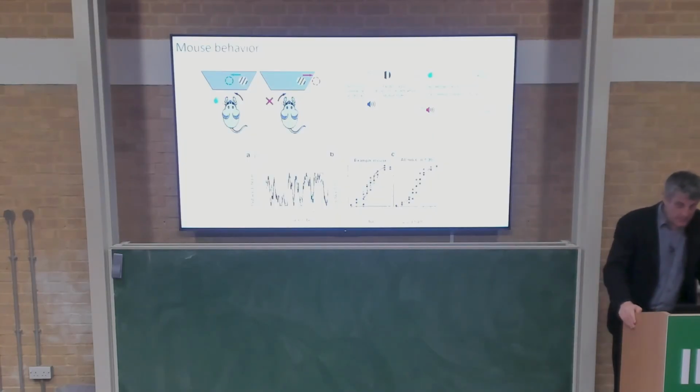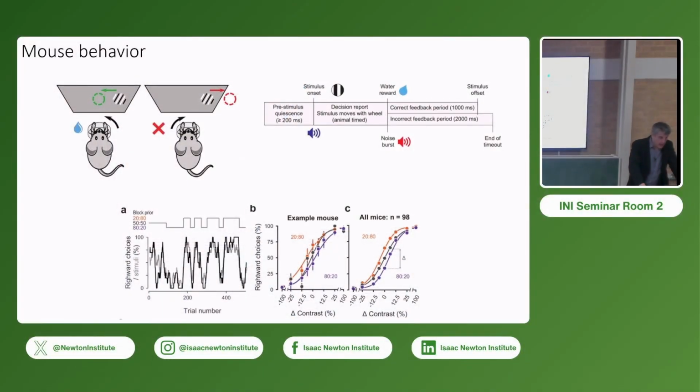Although you can manipulate brain activity. I'm not going to talk about that here, but there's a technique called optogenetics where you can stimulate or silence neurons at will. And that way you could get causality from the brain to action, but that's not what I'm going to talk about here.